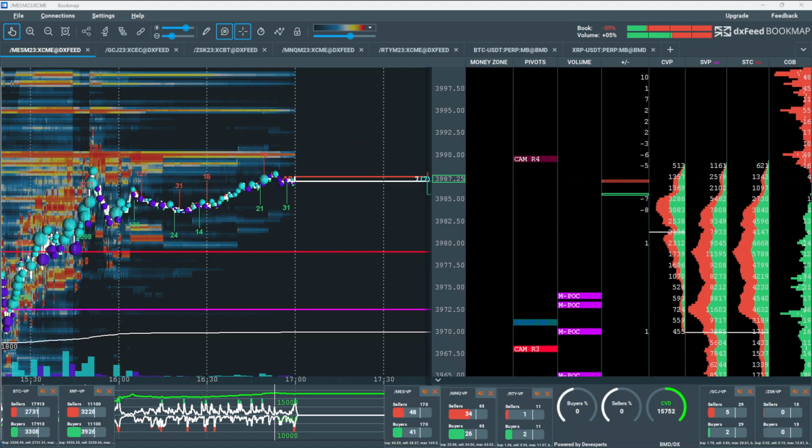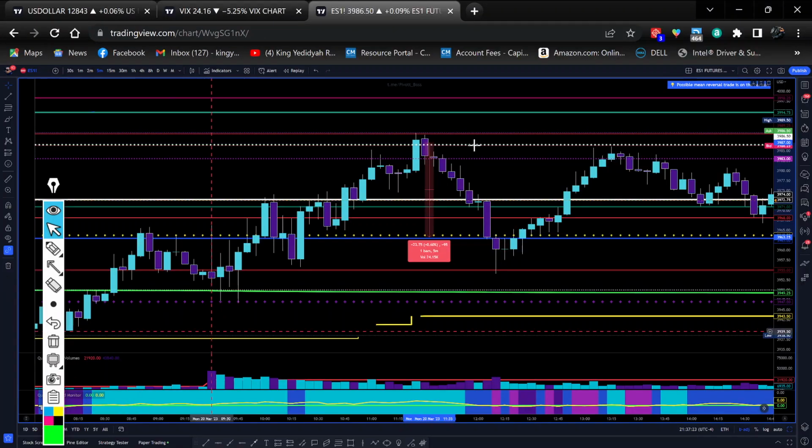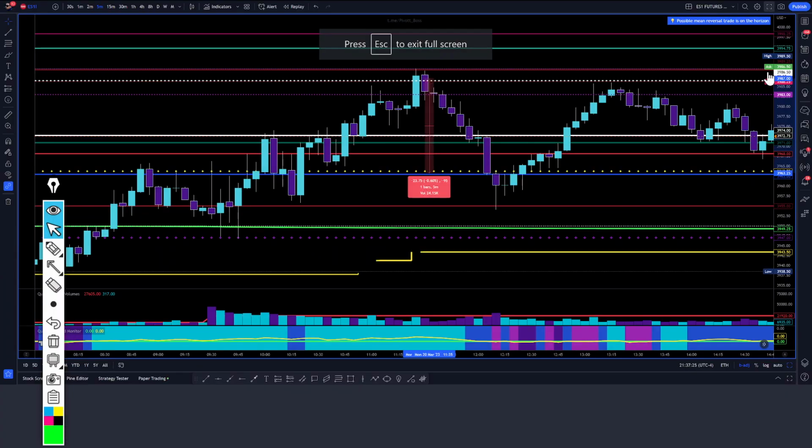And this trade netted me a decent profit. I didn't go too crazy with the entries. Oh man, I didn't switch over. Let me just show you that again, because I didn't switch over to this.